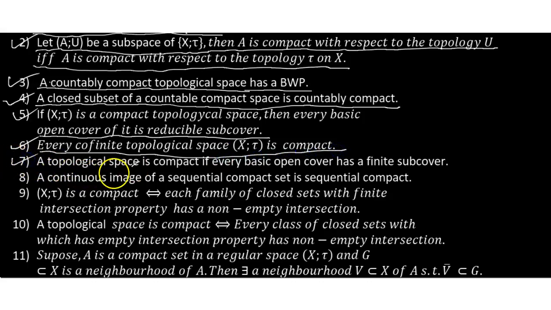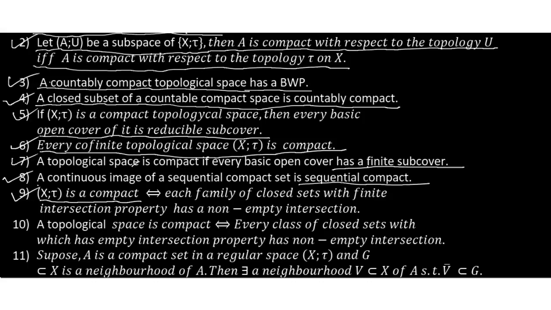A topological space is compact if every basic open cover has a finite subcover. A continuous image of a sequentially compact set is sequentially compact. If (X, tau) is compact, then each family of closed sets with the finite intersection property has a non-empty intersection.